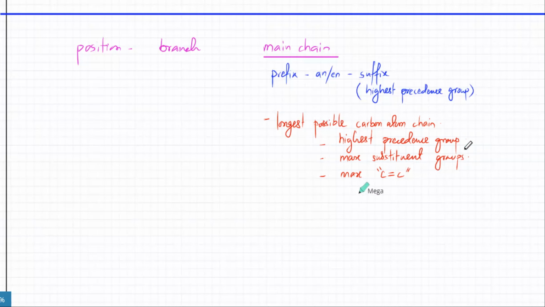As an example, how do you decide a main chain? Now we're talking about a branched molecule. Let's say this is the molecule, and it's got 2 carbon atoms over here. There's a double bond, O and OH attached, and another double bond here.